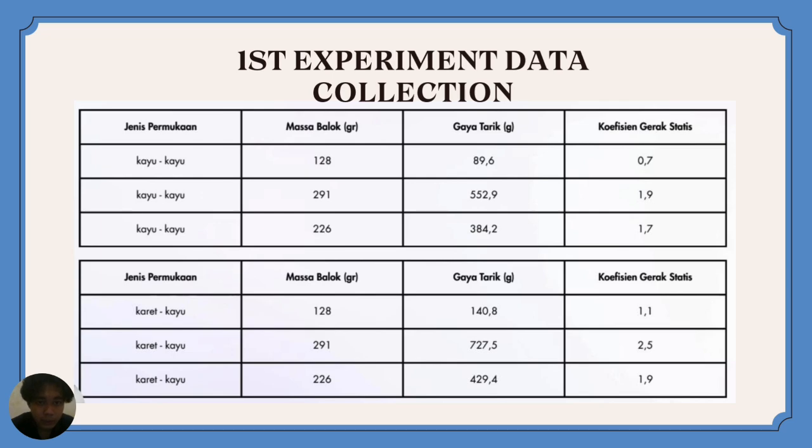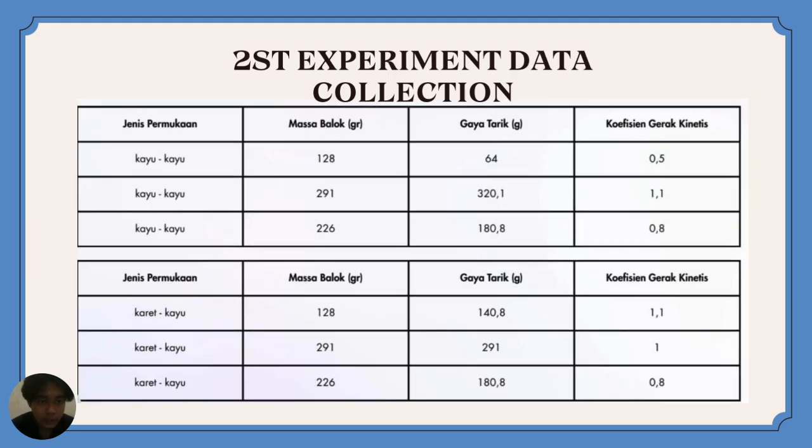Number 1. Experiment data calculation. Here you look at the coefficient, and this number 1 is 0.7, and the block wood coefficient and statics.